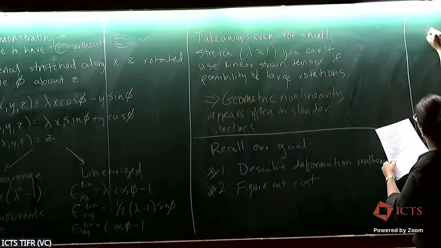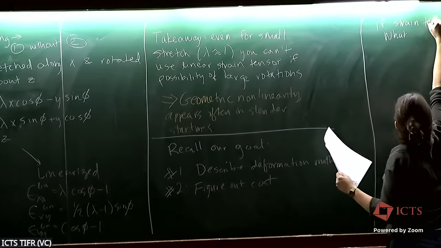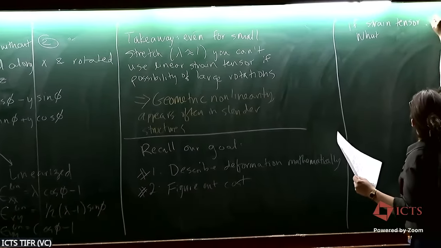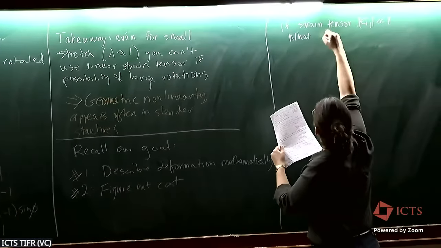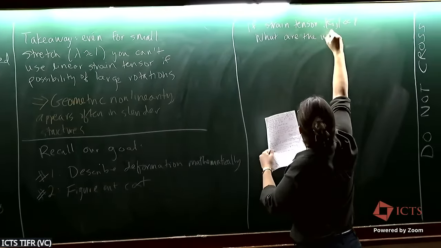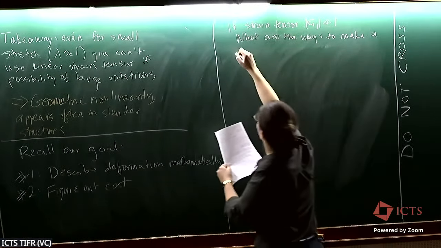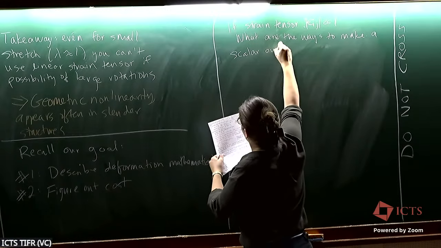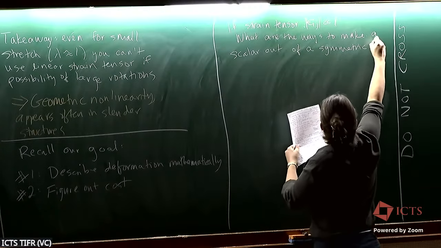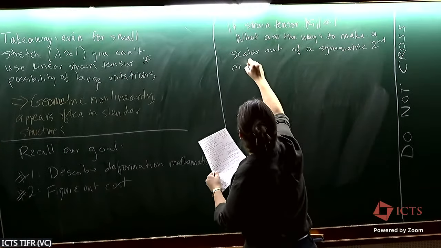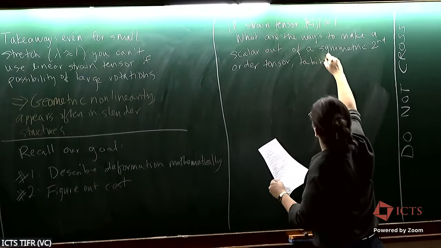So if the strain tensor is small in this sense, in the sense of number one, we can transform this question into the following: if the strain tensor E_ij is much less than 1, we can ask the question, what are the ways to make a scalar out of a symmetric second order tensor taking the lowest order?